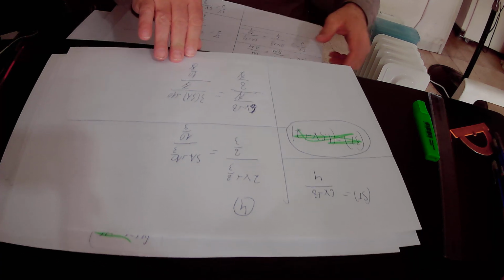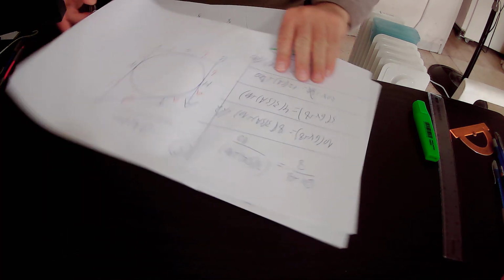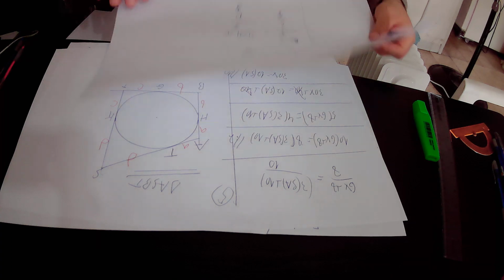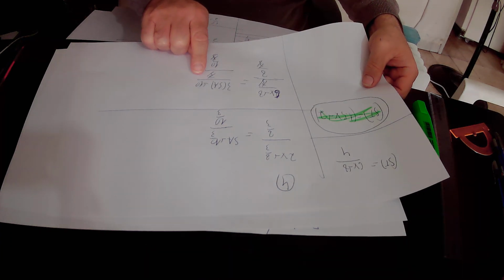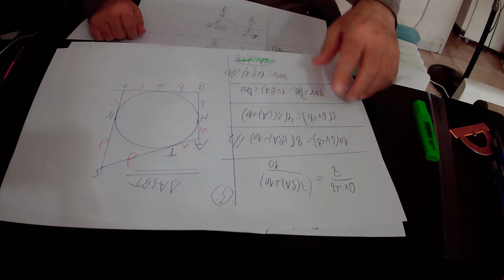On the other side of the equation we are left with 3SA plus 10 over 10.